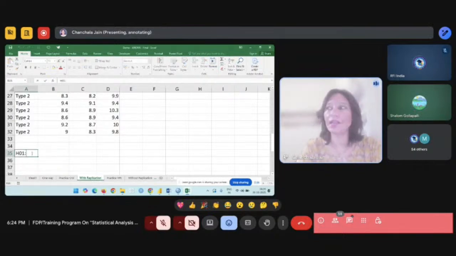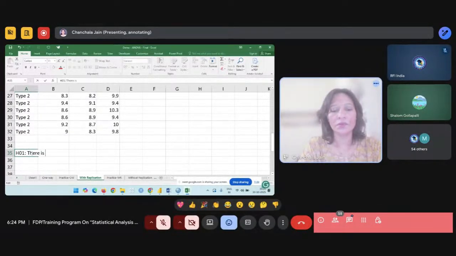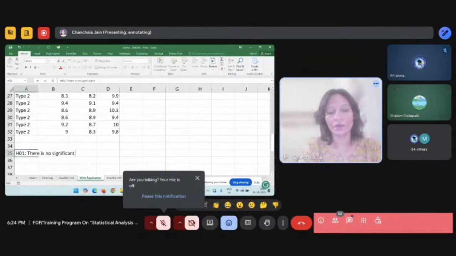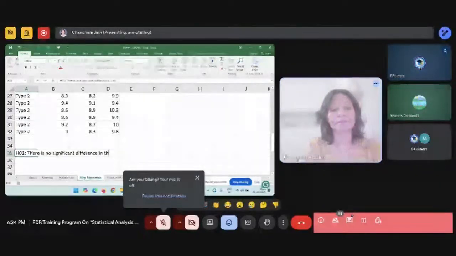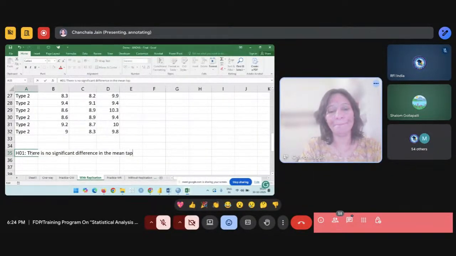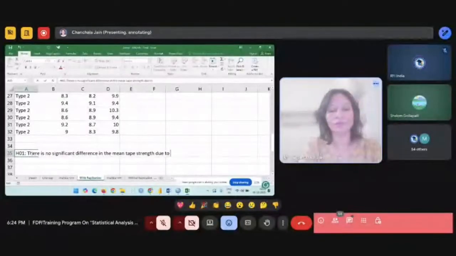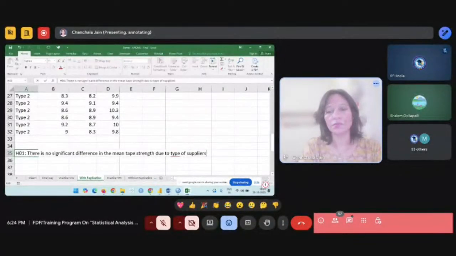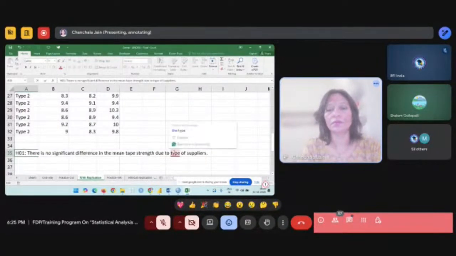So in this case, my numeric variable is tape strength, right? So my first null hypothesis will say there is no significant difference in the mean tape strength due to type of suppliers, right? Done.